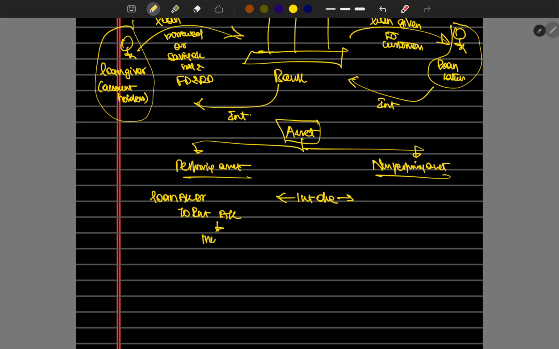This is the income for the bank, and this is the actual asset value. It is like debtors. This is the asset balance, and for the asset we are receiving income from the merchants or customers.